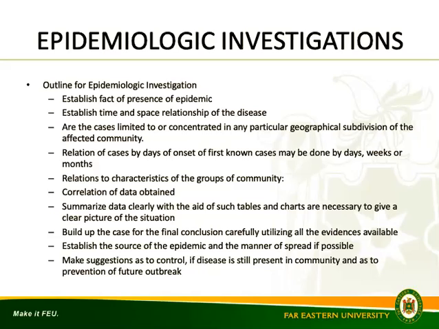Like, for example, relations of cases according to age groups, sex, color, occupation, school attendance, past immunization, or relation to sanitary facilities, especially water supply, sewage disposal, general sanitation of homes in relation to animal or insect vectors, or it could be relation to milk and food supply, or maybe relation to cases to other cases and known carriers, if any. And then the correlation of data is obtained.